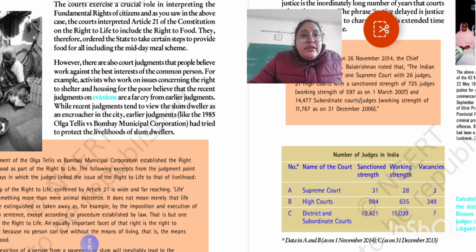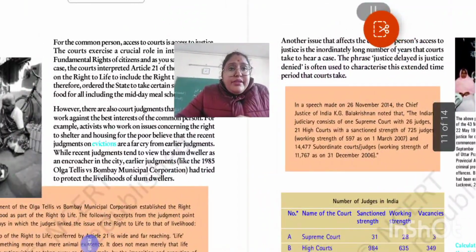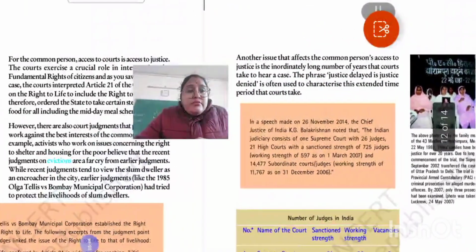For example, in a similar case, the earlier judgment in 1985, Olga Tellis versus Bombay Municipal Corporation, had tried to protect the livelihood of the slum dwellers. It means earlier the court was in favor of the slum dweller, and now they are treating him as an encroacher, because times have changed, the requirements have changed, children.